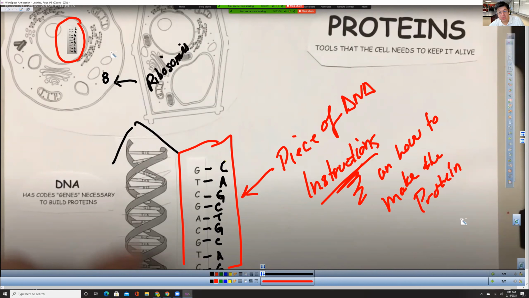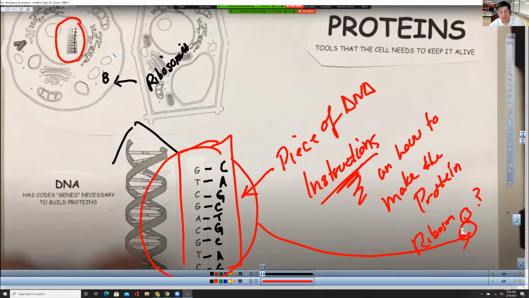So this ribosome over here doesn't know what to construct unless he gets this information. Once he gets this information, then he can make the protein. And so that's the problem. How do we get this information to the ribosome?